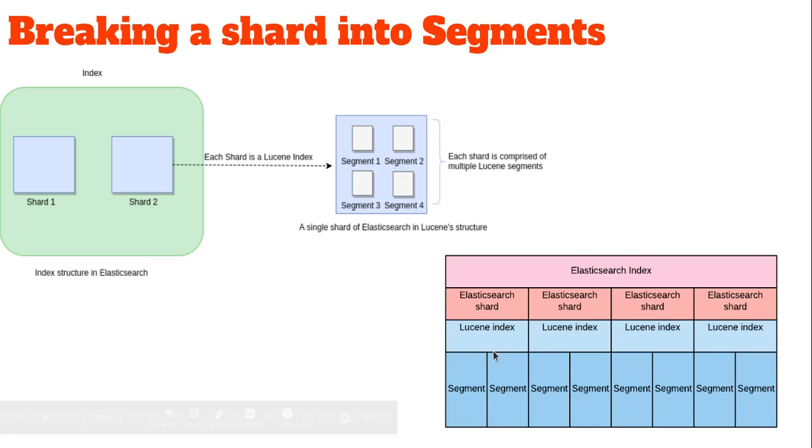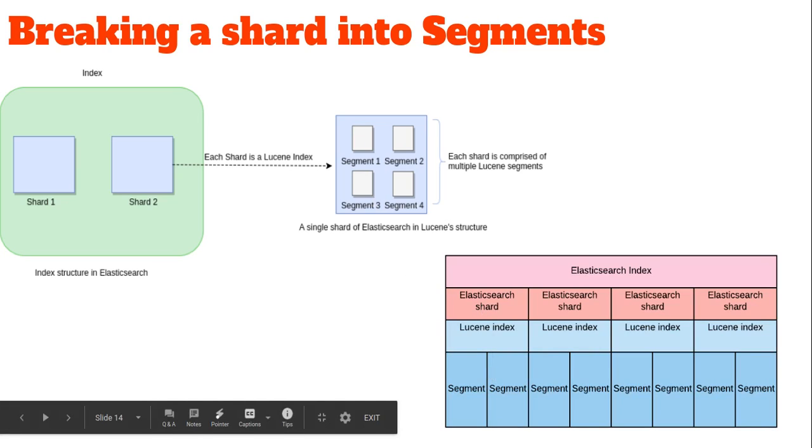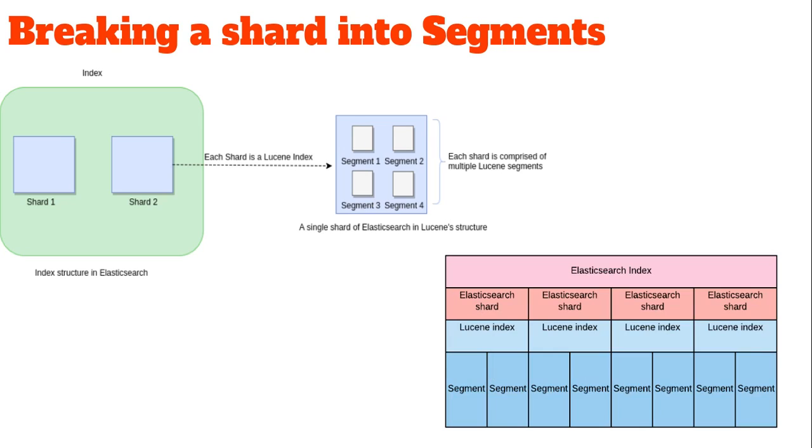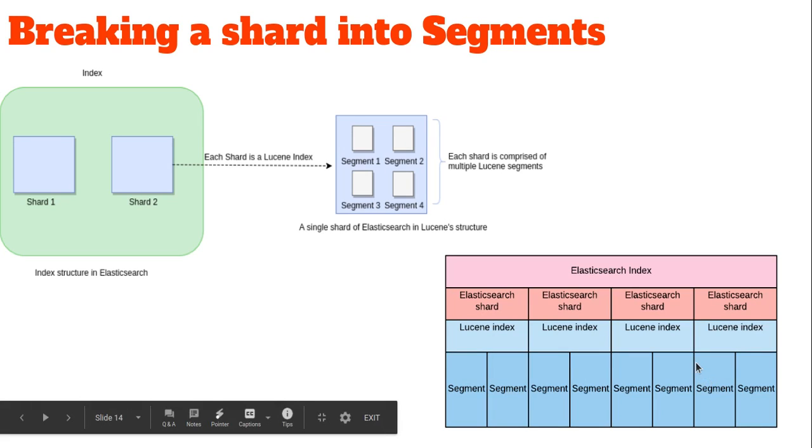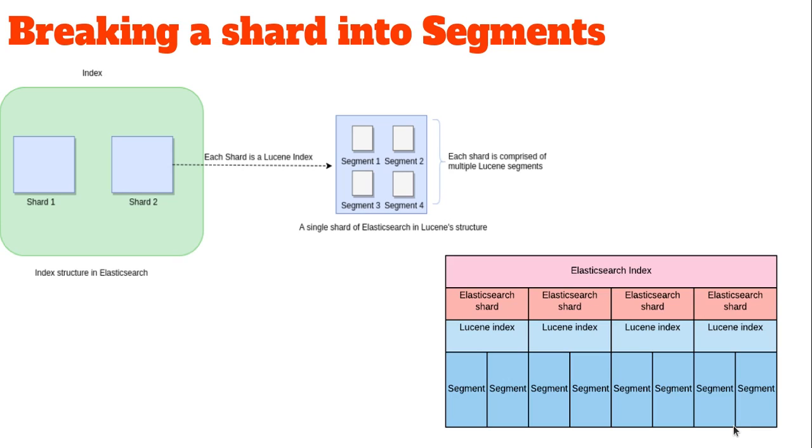In this next diagram, we can easily see the layered structure of an Elasticsearch index. The most basic architectural unit here is a Lucene segment, and a Lucene index is just an abstraction built over many segments.